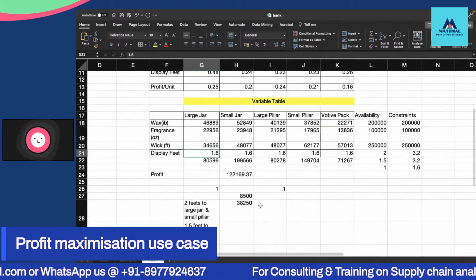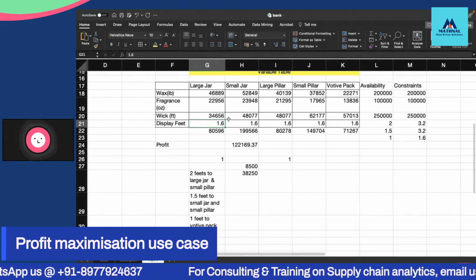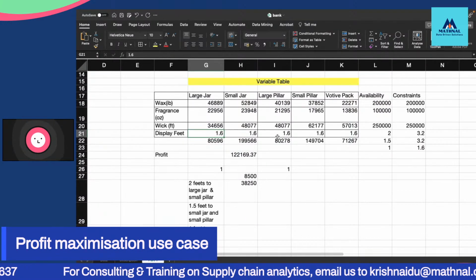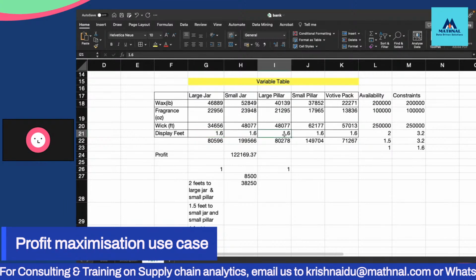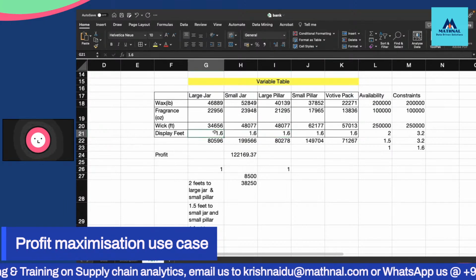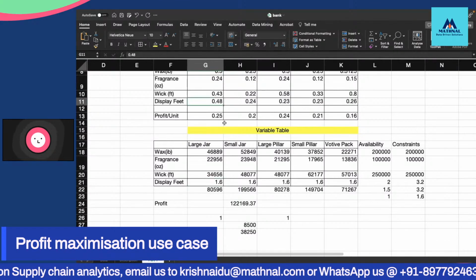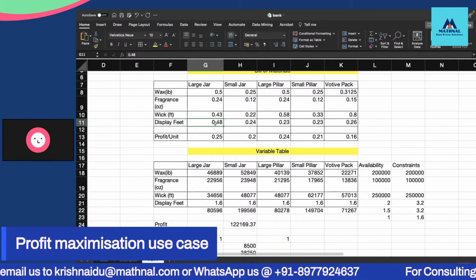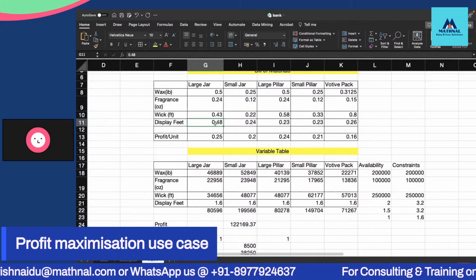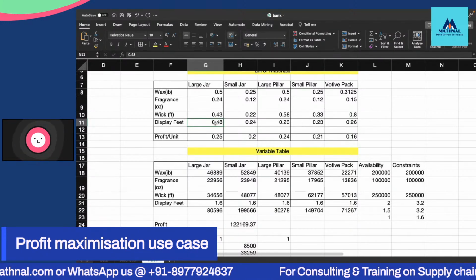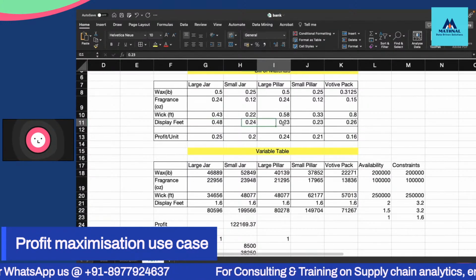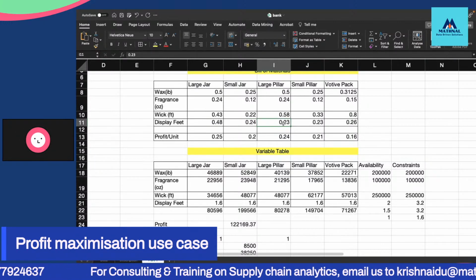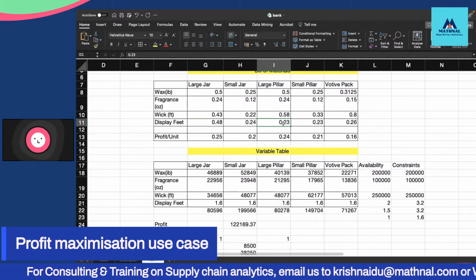So I'm changing the context of the problem now. I'm saying that there are 8,500 stores, and we need at least, right now we're saying 0.48 for one jar, 0.23 for one pillar. So how many jars will be placed?